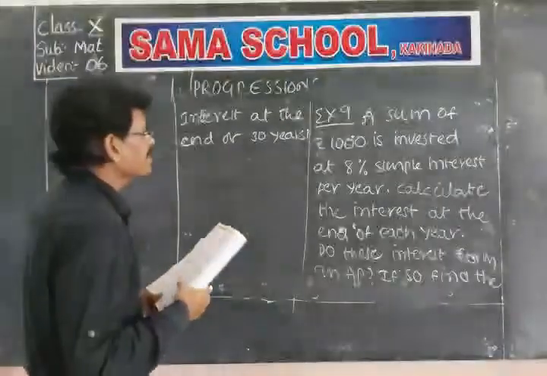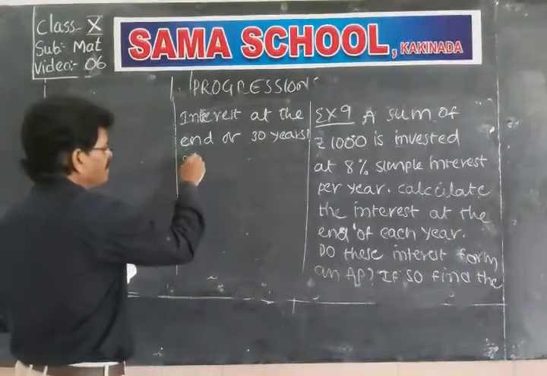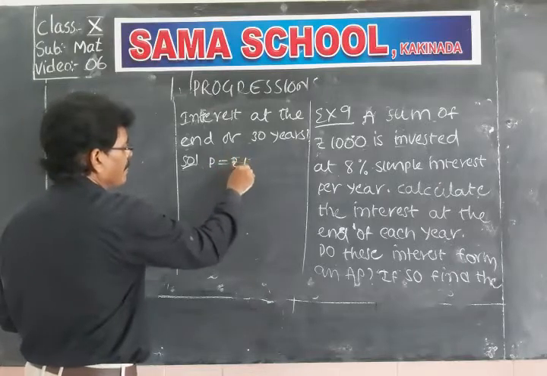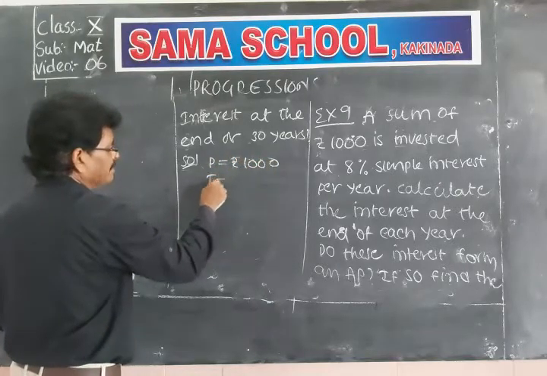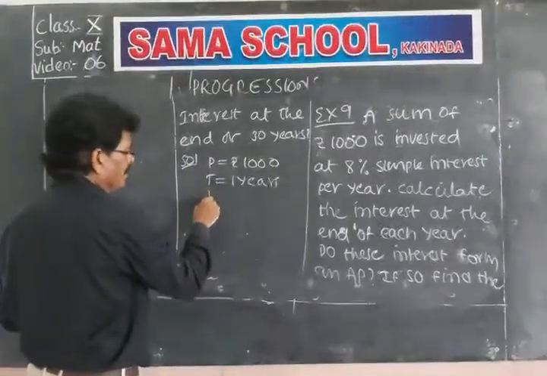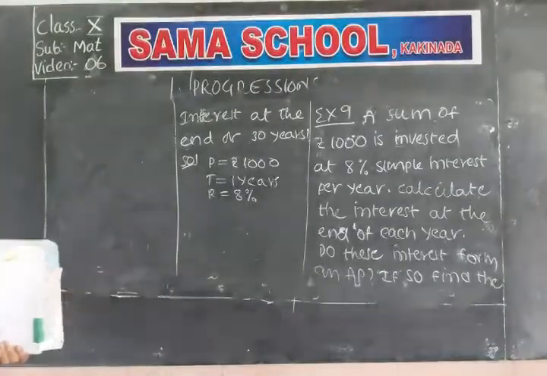So let us see the values given here. Principal P is equal to 1000, time is 1 year since every year he has to calculate, and rate is 8%.